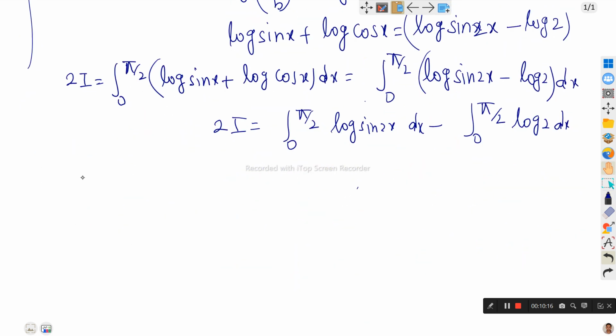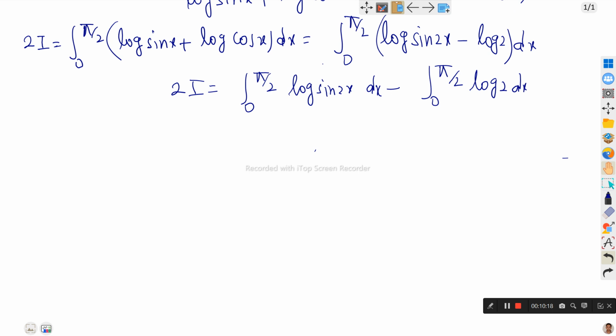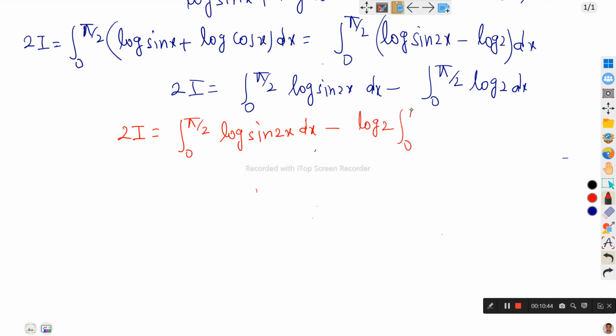Again, we have 2i equals the integral from 0 to pi by 2 of log sin 2x dx minus log 2 times the integral from 0 to pi by 2 of dx.